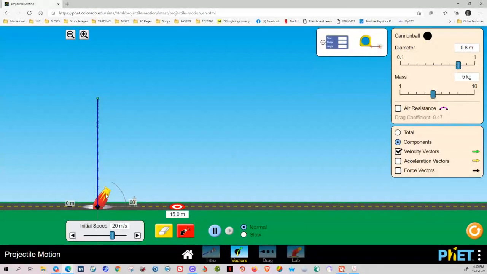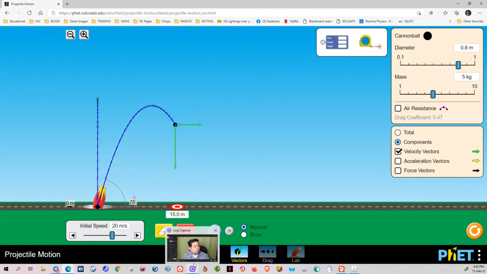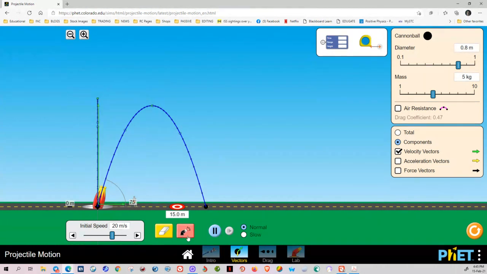And if you change the angle, you will see that the velocity on the y-axis is the same going up and then going down.